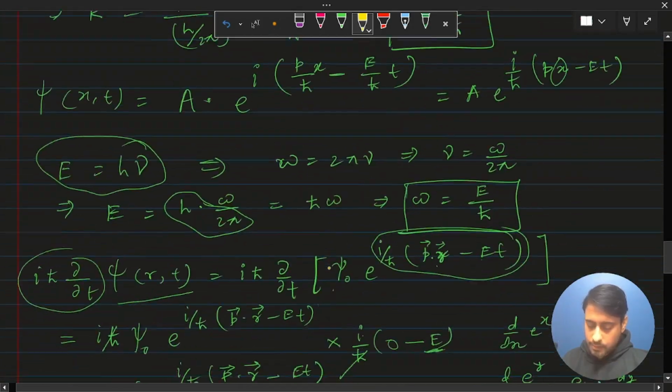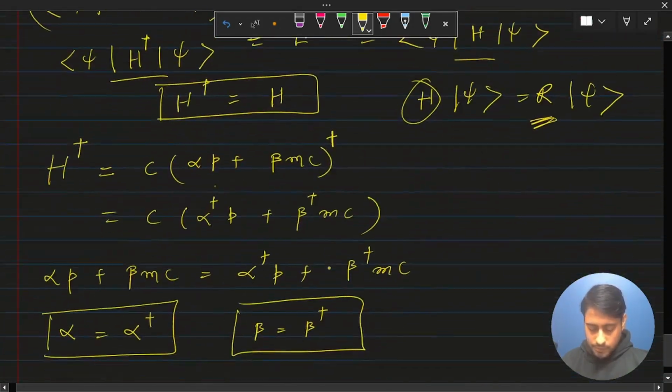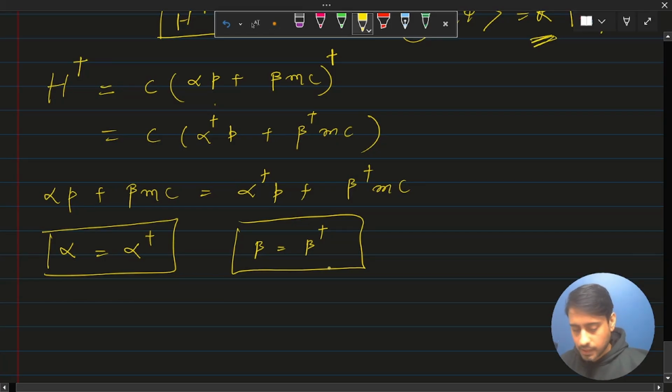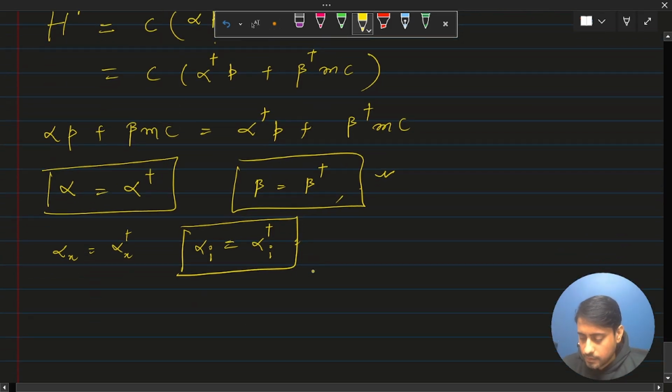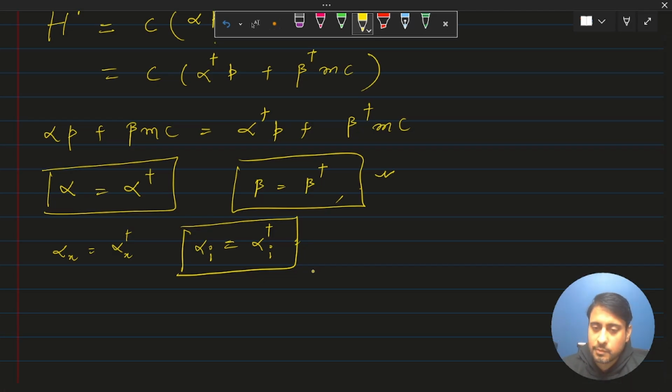Basically, alpha is a combination of the matrices alpha x, alpha y, and alpha z. So similarly, we can say that alpha x is equal to alpha x dagger, and similarly for y and z. Collectively, we can say that alpha i is equal to alpha i dagger. These are two important expressions we have arrived at, just by a very simplistic inspection from quantum mechanics.